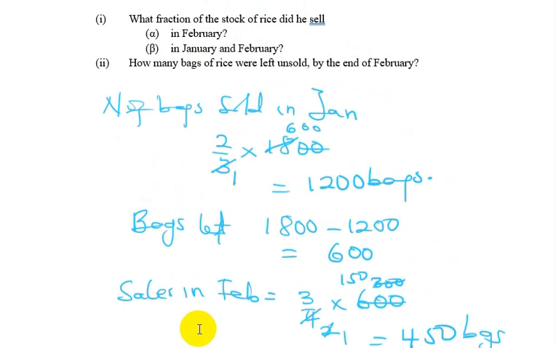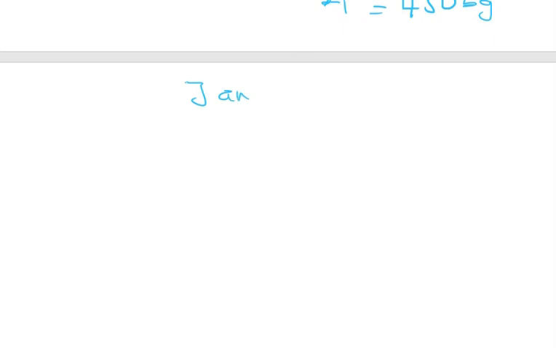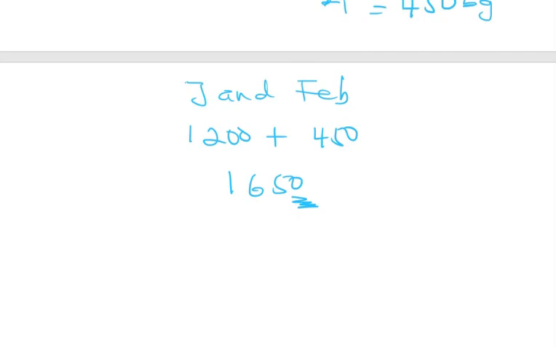So now we know that the total bags was 1,800. 1,200 was sold in January and 450 was sold in February. But the BECE says we should find January and February all together. So January and February sales: January was 1,200 plus February 450. So we are going to get 1,650. That is the total he sold for January and February.